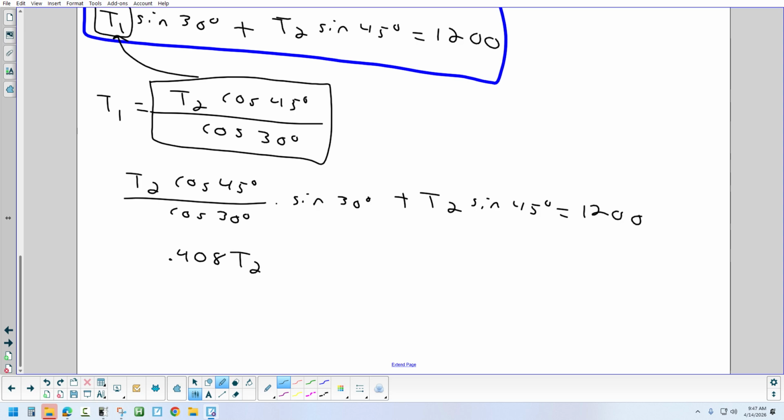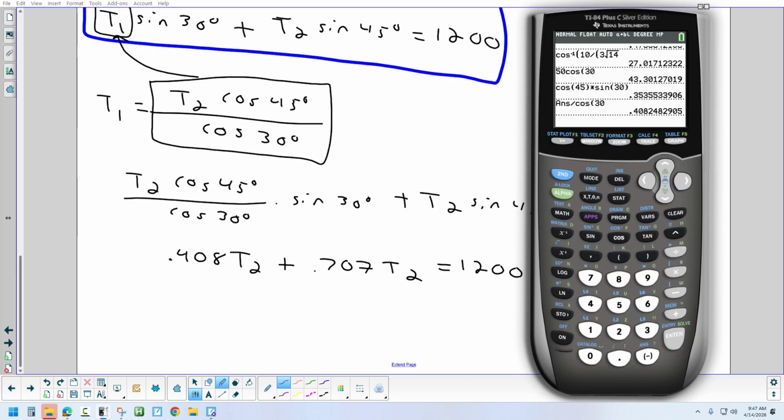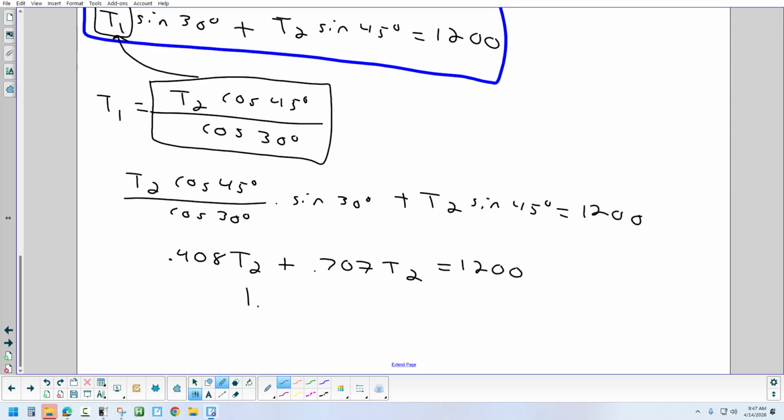Let's say 0.408 T2 plus the sine of 45, that's 0.707. I know that one because sine 45 comes from a 45-45-90 right triangle. Okay, so we'll combine like terms. 0.408 plus 0.707 gives us 1.115.